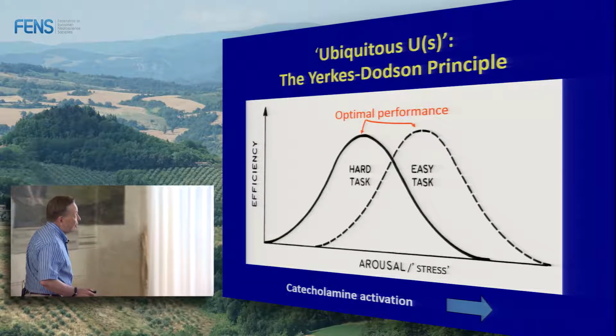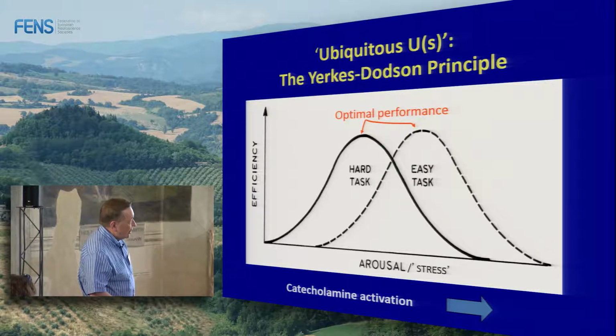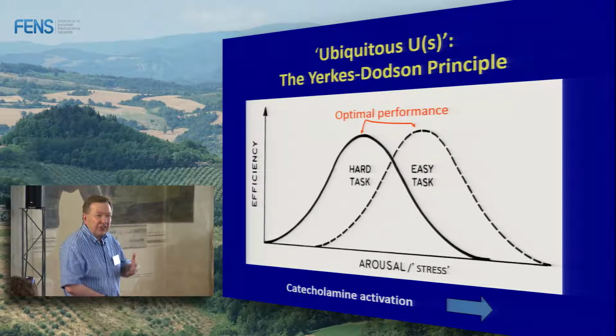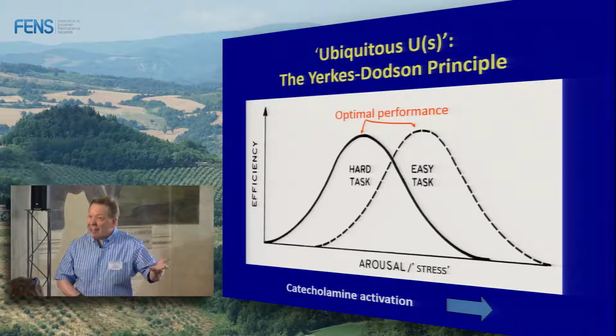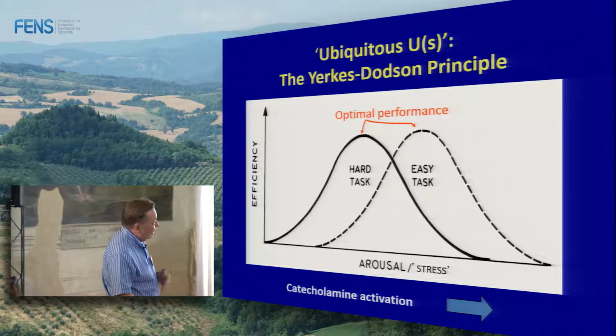Here it is in all its glory. The idea that level of arousal or stress, if we can call it that, relates to efficiency in some sense of performance, the speed or accuracy of performance. And there is an optimal level of this to produce this state.